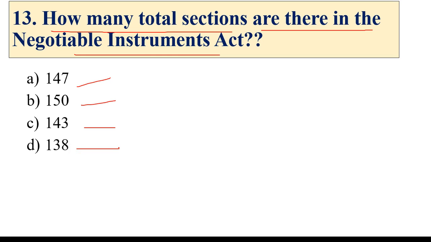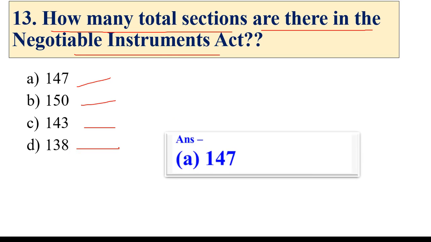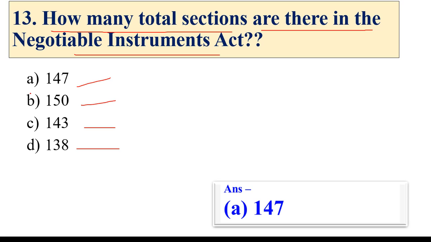So we'll see the correct answer. The correct answer is option A. There are 147 sections in the Negotiable Instrument Act. Okay, so there are 147. Remember this number, 147 sections are there, and under each section there are various definitions which are given as per the Act.